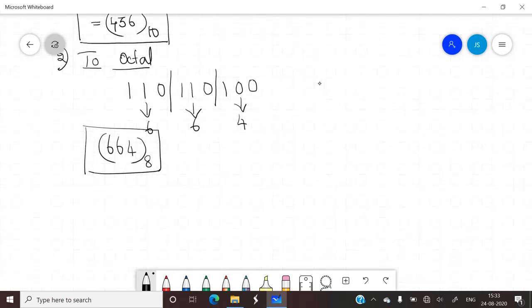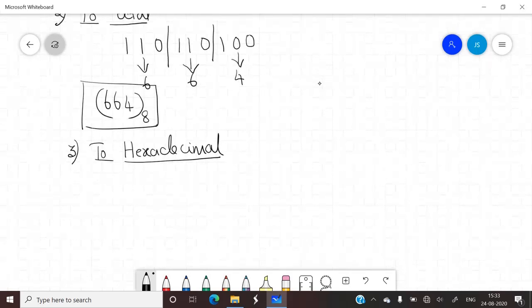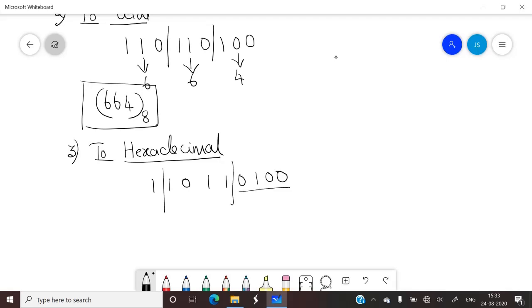Now the next form is to convert to hexadecimal. The same procedure we follow to convert to hexadecimal. We write the binary number as it is, 110110100, but here we need 4 bits to represent a hexadecimal digit, so we split it into 4 bits. So 0100, and the second part is 1011.